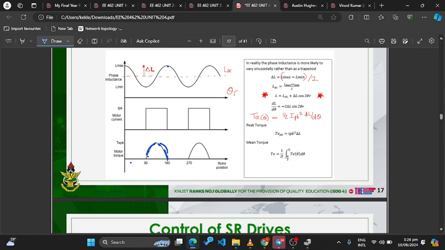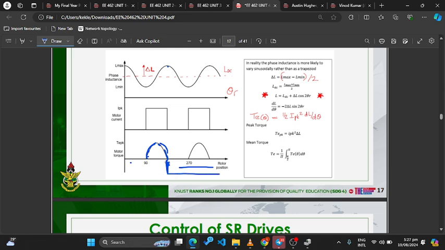Do you agree that the cycle ends over here and the new cycle begins here?